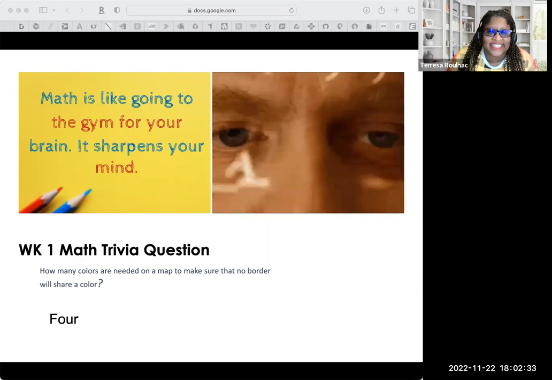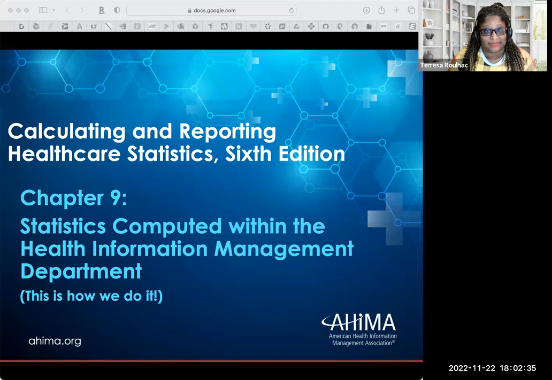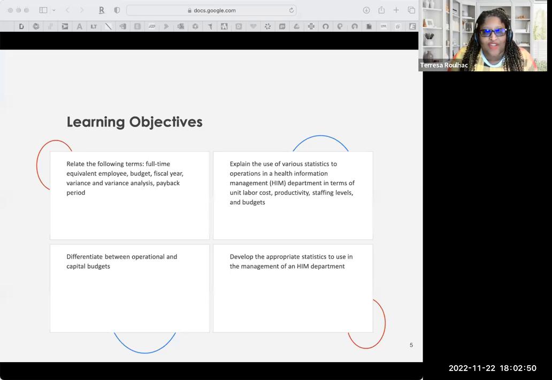All right, now let's get into chapter 9. We are talking about statistics computed within the health information management departments. Basically, this is how we do it. Our learning objectives are to look at full-time equivalent employees, FTEs.